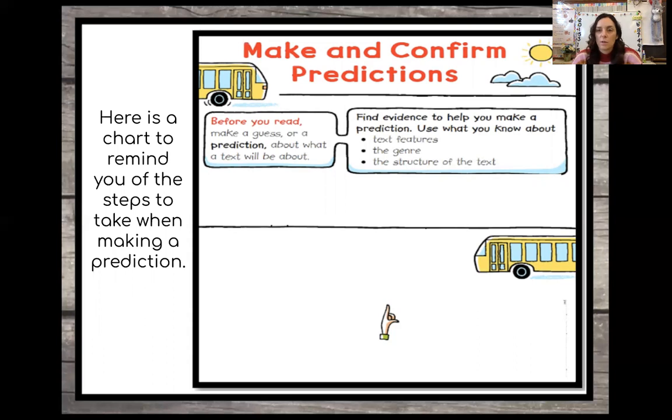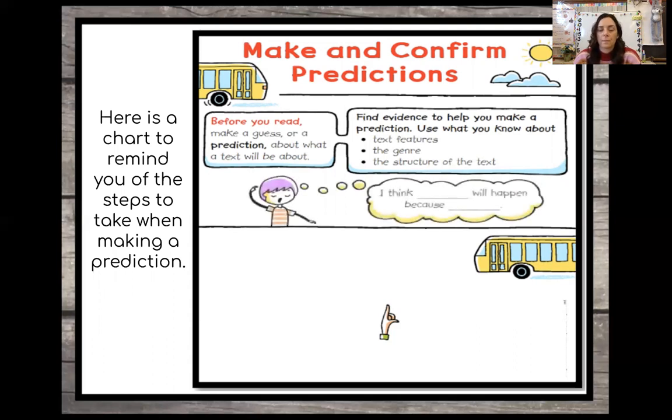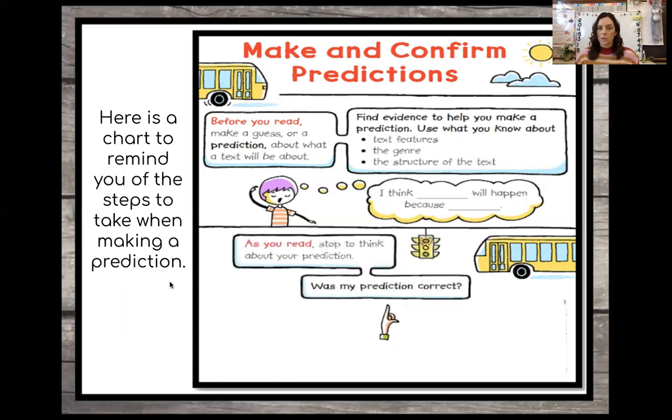Think about it in terms of fiction versus nonfiction. So once you figure out if your text is fiction or nonfiction, then you can look at the natural features and structure of that type of text. And once you've gathered your evidence, you're ready to make your prediction. So you could say something like, I think that this is going to happen because, and then just fill in the blank. Then you're ready to read.